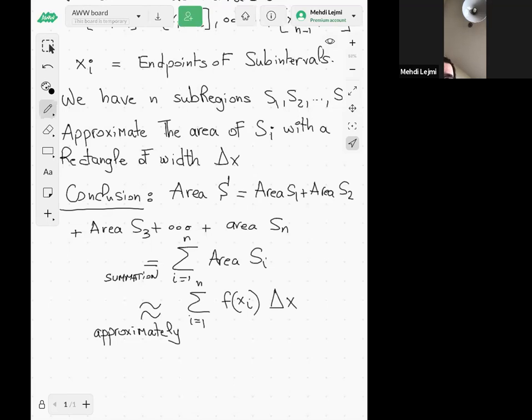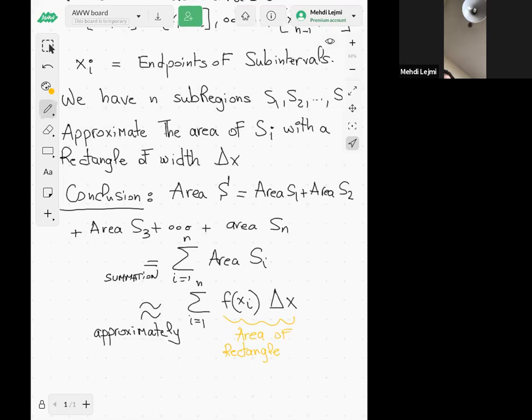Again, guys, this f of xi times delta x is just the area of our rectangle, which approximates the area of Si.